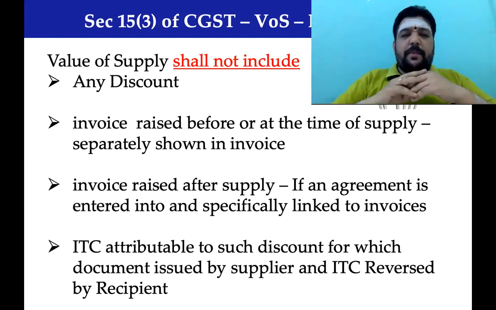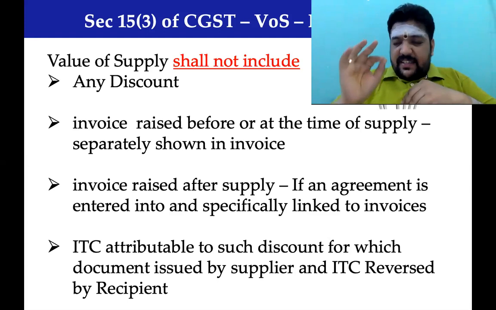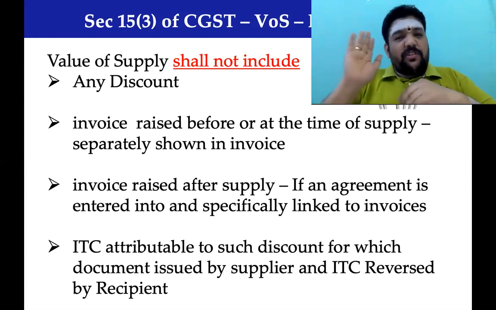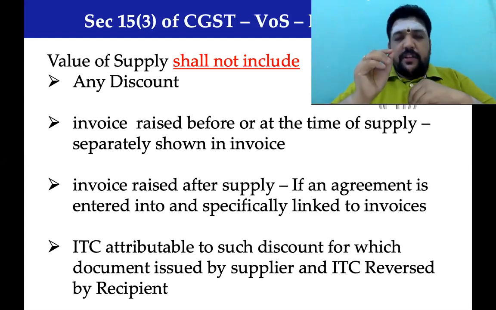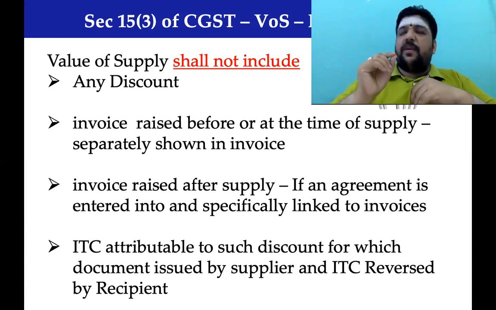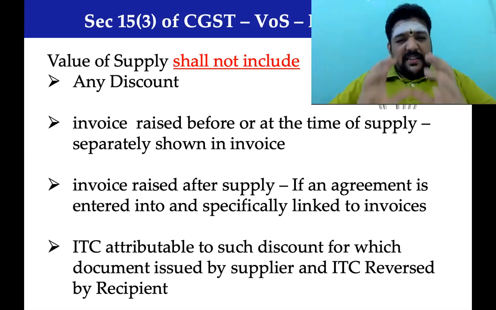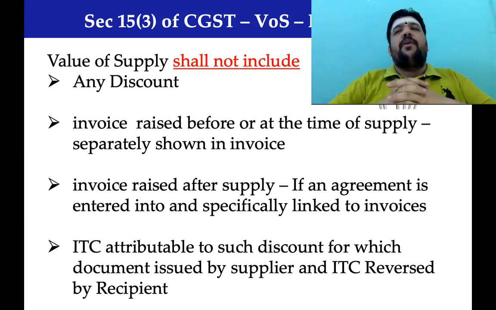Coming back to post-supply discount, I'll take up a situation from this morning for better understanding. And just to sum up, from an exam perspective, this adjustment becomes more important.